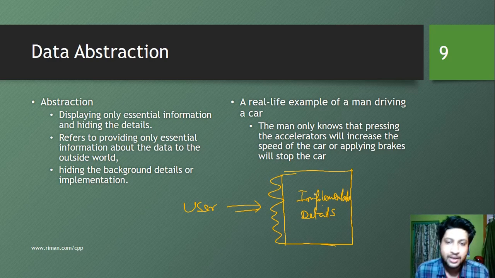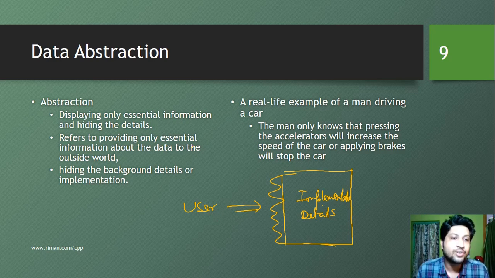The user is not capable enough to understand what the implementation of this particular object is. So abstraction means displaying only the essential details and hiding the rest. All the details are hidden from the user, and they can only see the essential information, that is, the information that is essential for that particular user.